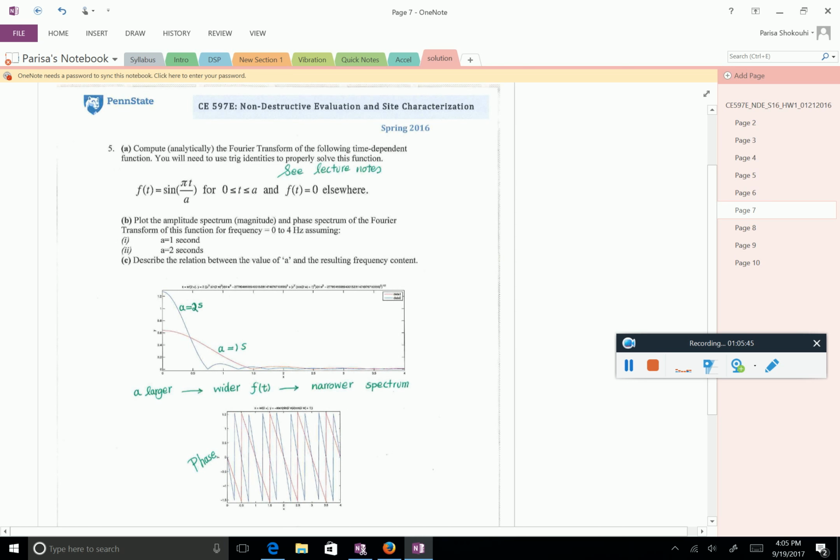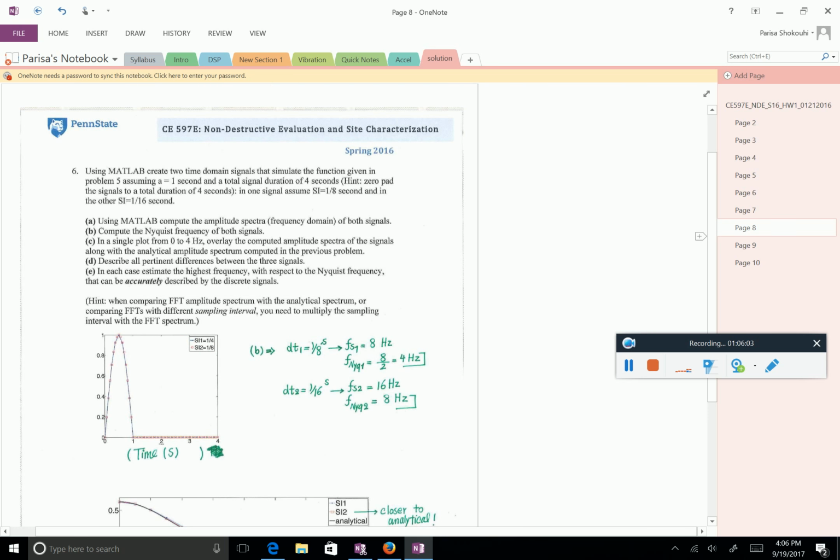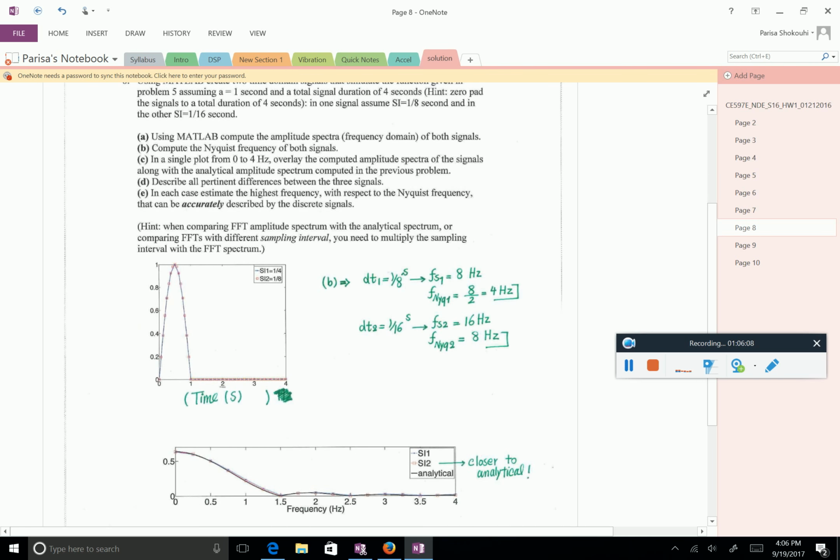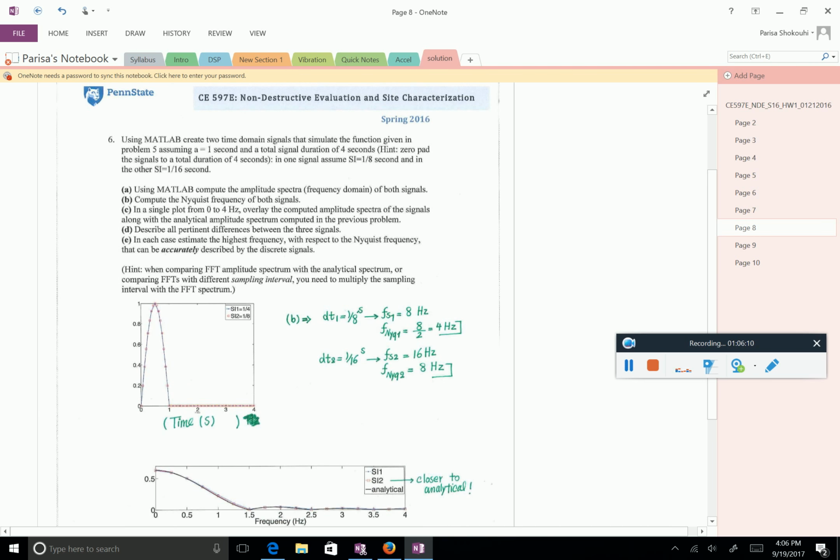Yeah, so if you change A, a smaller A means a wider spectrum. I think everyone has done a reasonable job describing this. This was kind of easy. And then here, surprising to me, there were issues with this. I guess maybe the question I have to rephrase.